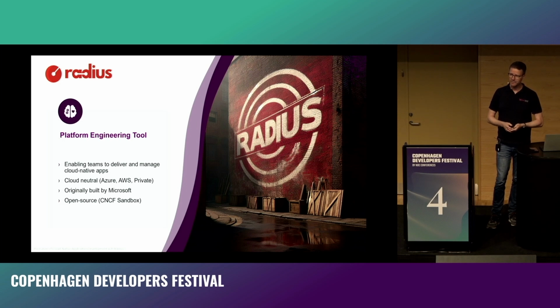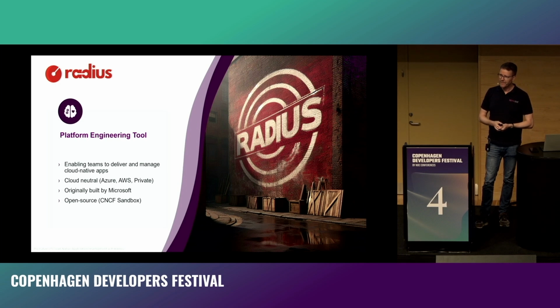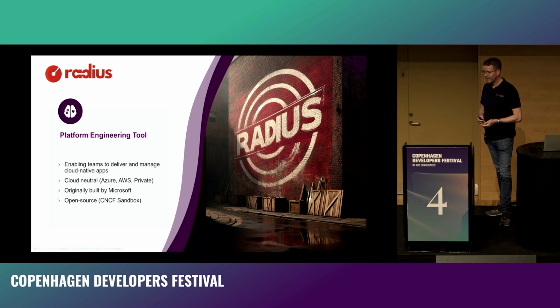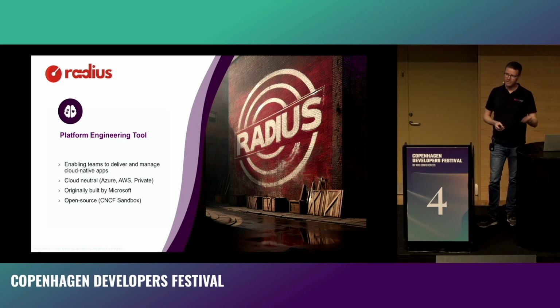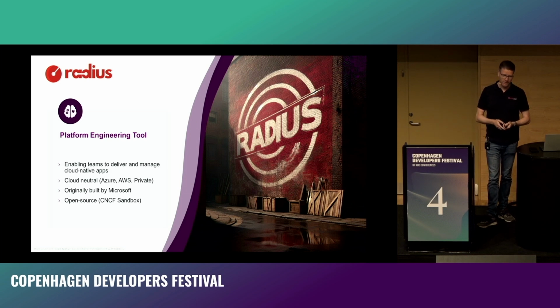It runs everywhere, and that's kind of convenient. It was originally built by Microsoft, by the incubations team there, but now it's been converted into a CNCF project, making it a publicly supported open source project, so you can either view the sources, or you can even make contributions there.